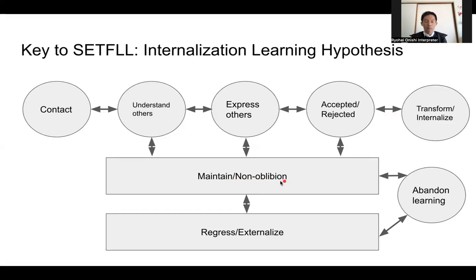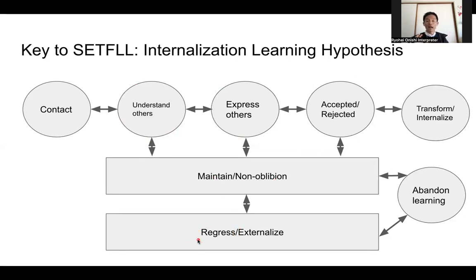This means, maybe I'm misspelling, I'm sorry. Non-oblivion means not forgetting, okay? So I learn, I understand other people, but I cannot express well. So you go down here. You just maintain the learning, but you do not forget. Or you may even regress.